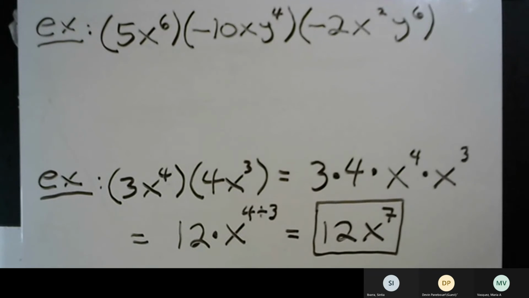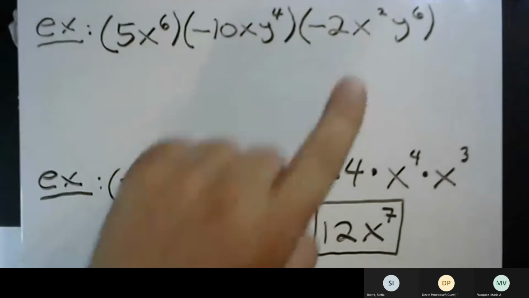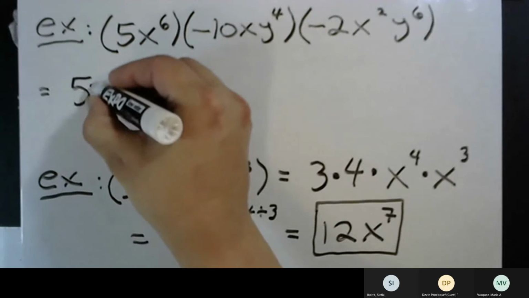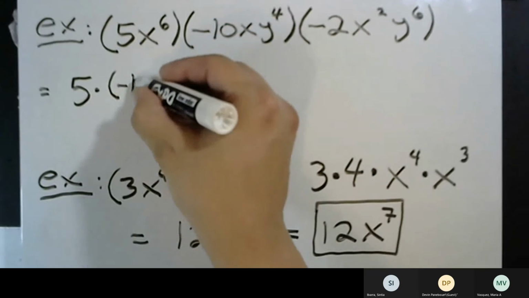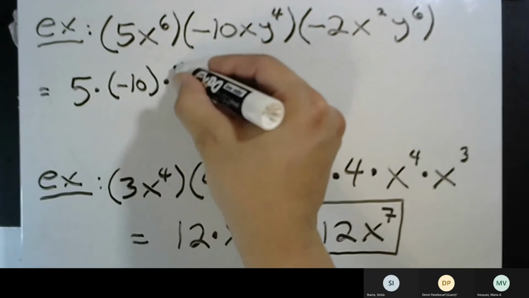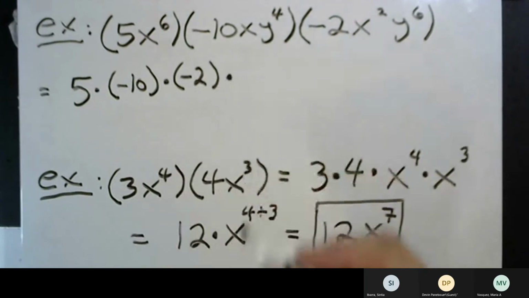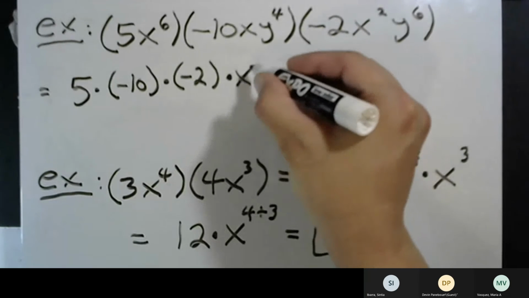Now, let's say we got something complicated like this. Well, again, what we're going to do, we're going to multiply all the coefficients together. So we're going to multiply 5, negative 10, and negative 2. And then we're going to multiply our x's together.